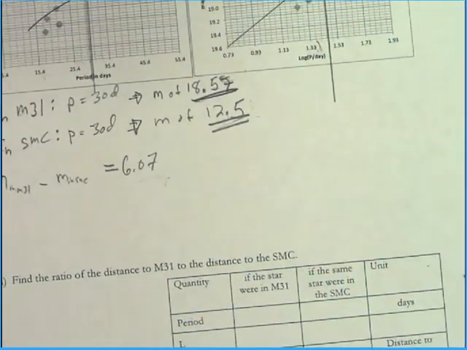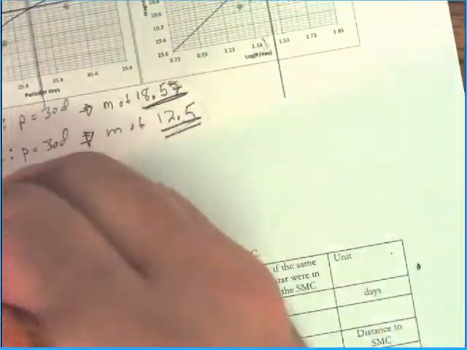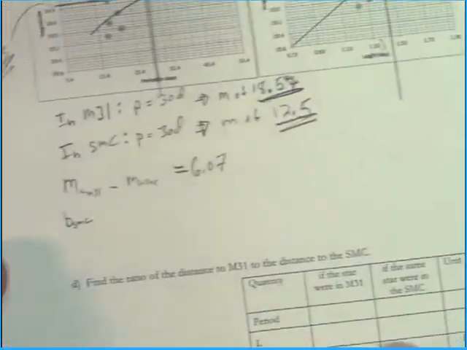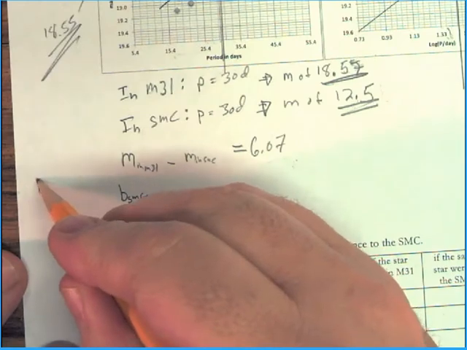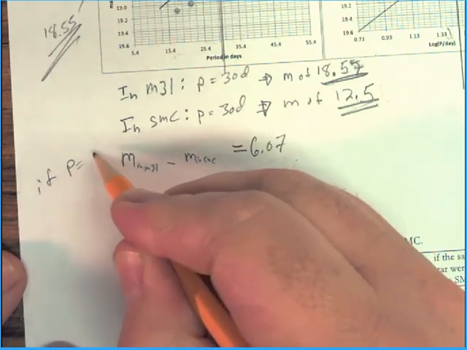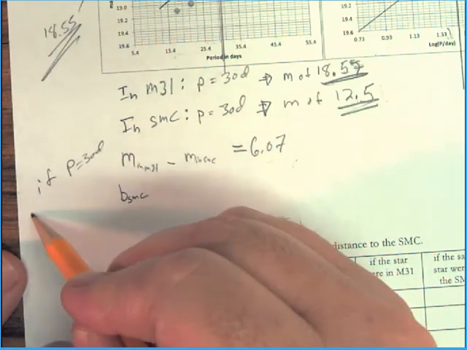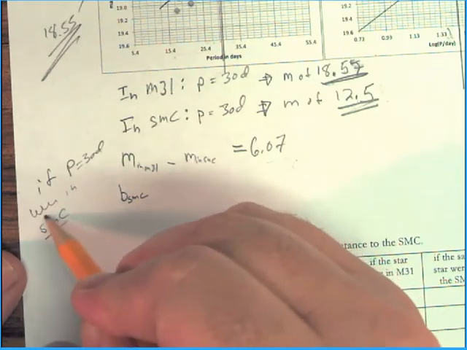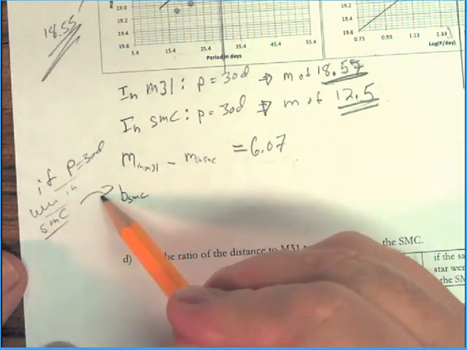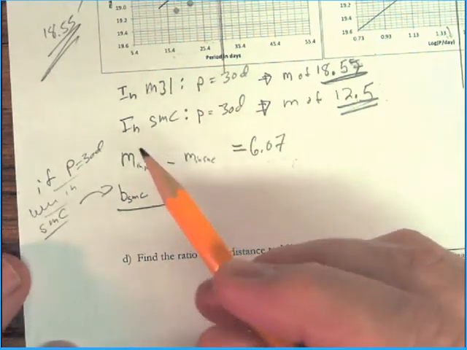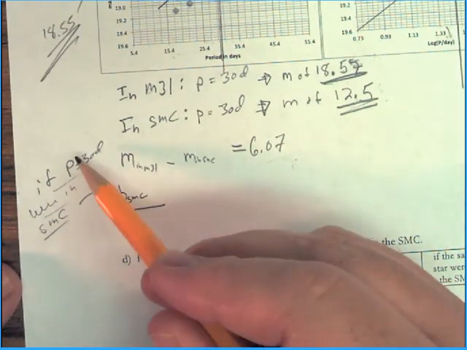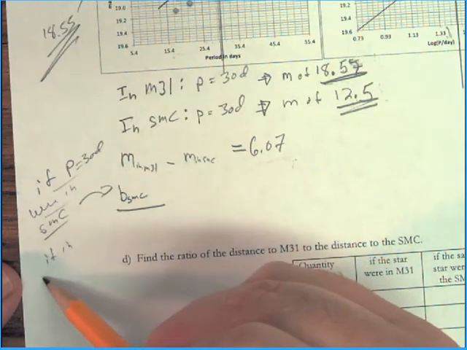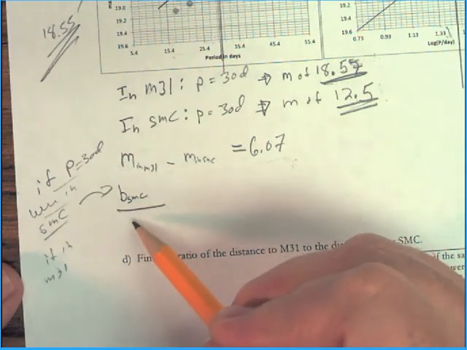So the brightness, if a period equals 30 days were in SMC, divided by the same period, the same thing, if in M31.